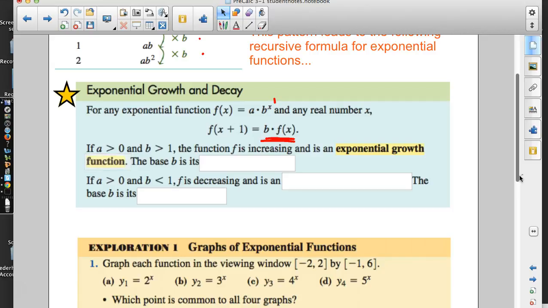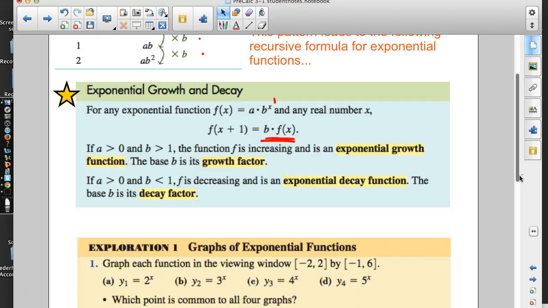The base b is its growth factor: how much is this going up by each and every time? If a is greater than 0, so still a positive initial value, but b is less than 1, well, now it's decreasing, and that's called an exponential decay function, and the base b is now called its decay factor.